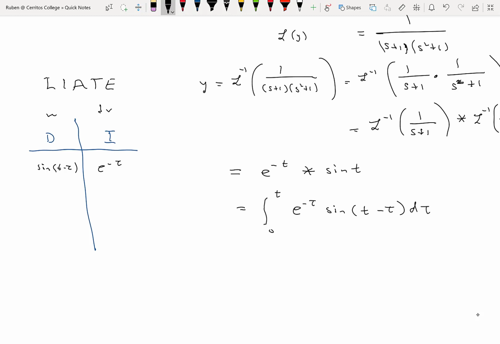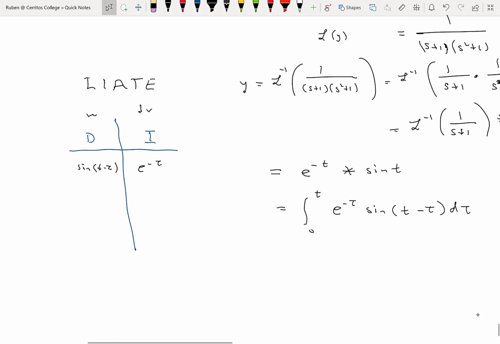So the next step is, in the u column, to differentiate. So you find the derivative. Now, careful with the variable with respect to which you differentiate. The variable of integration is tau, so that's what we're differentiating with respect to. The derivative of sine of t minus tau with respect to tau is cosine of t minus tau.